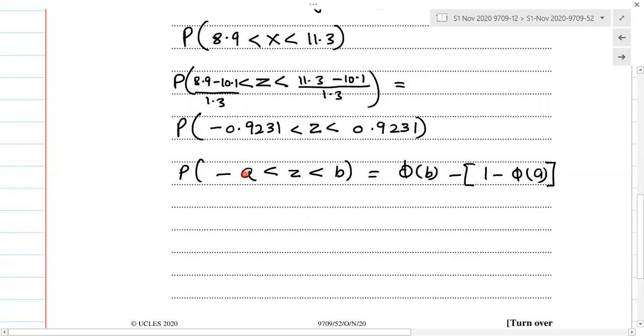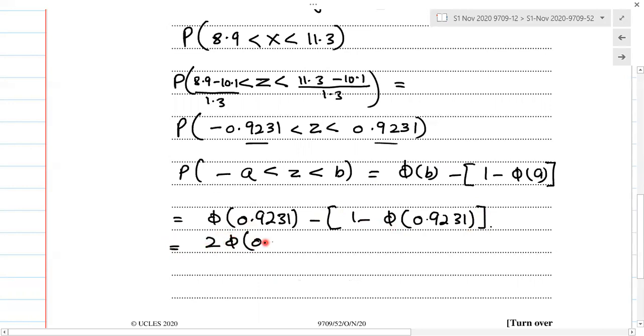In this case both are A's because both values are the same. So once we do this, we get phi of 0.9231 minus (1 minus phi of 0.9231). If you open the bracket and multiply the negative sign, we get 2 phi with the same value being added up. That's why we get 2 phi minus 1.